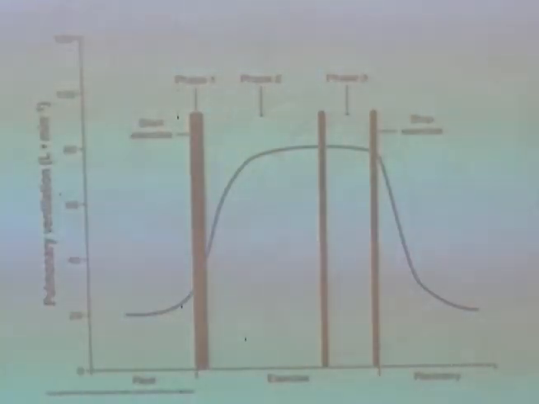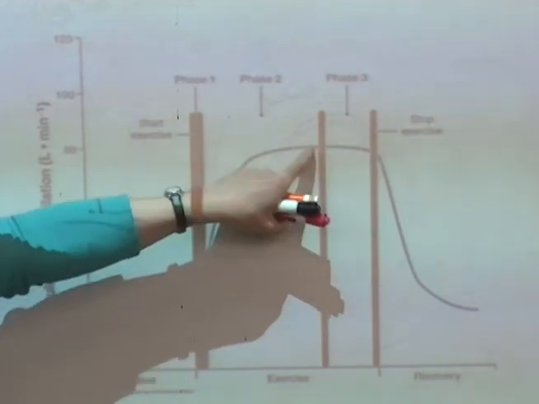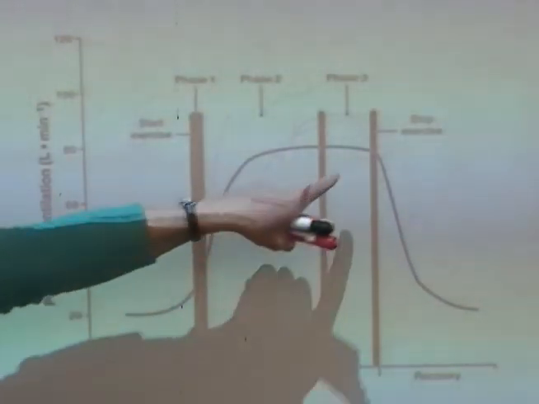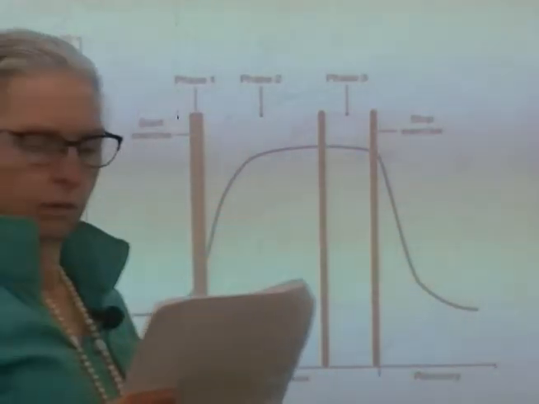Because if I change intensity, then I'm going to have to start breathing heavier to deal with the extra workload. So phase three would be fine-tuning that steady state. Just how hard do I have to breathe to deliver enough oxygen for the work that I'm doing? And then we have our recovery phase, which is our EPOC curve.